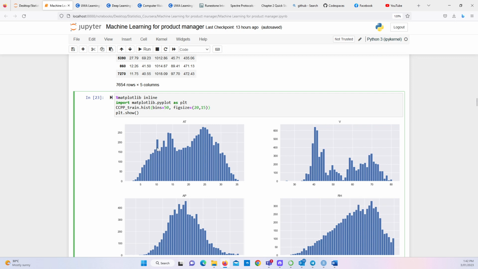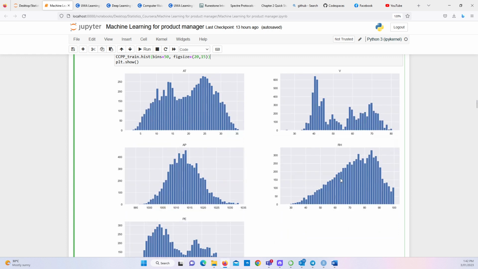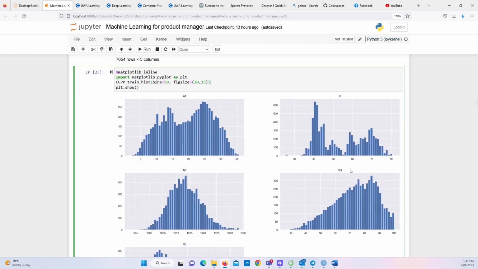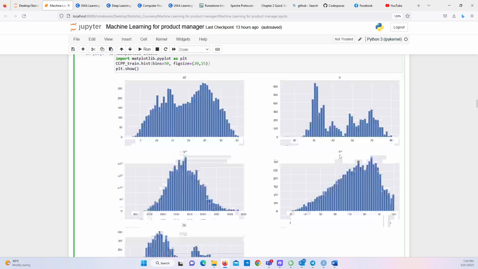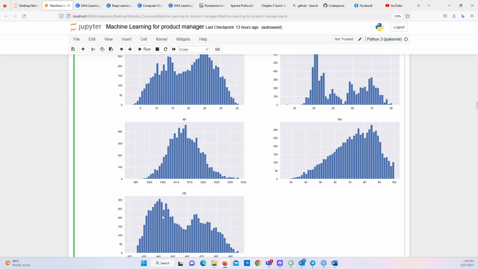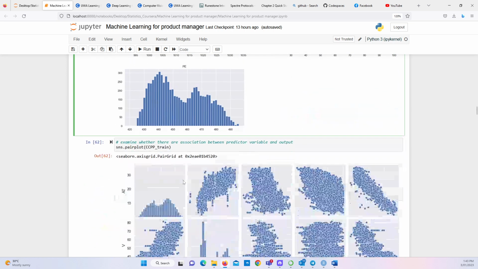So you see the spread of this distribution using a histogram, and you observe this with the other variables like vacuum, RH, AP, and PE as well.